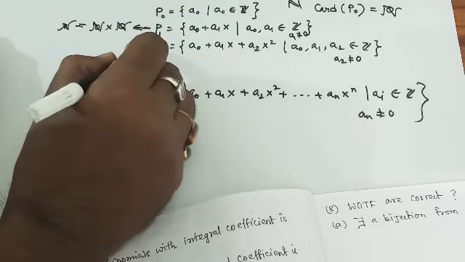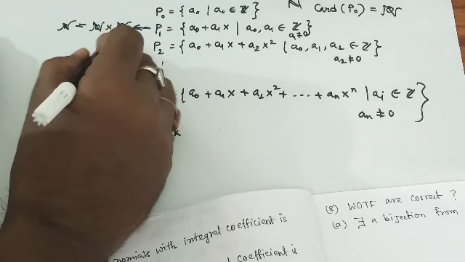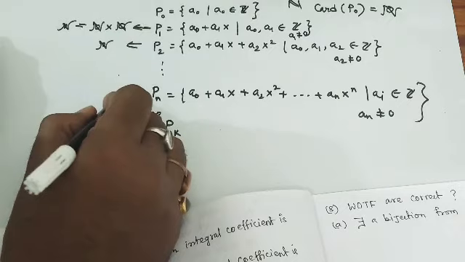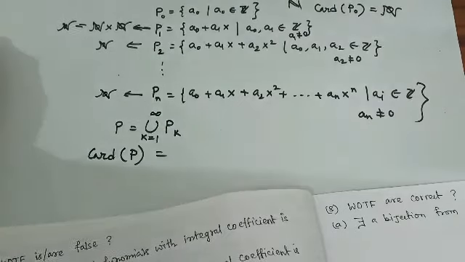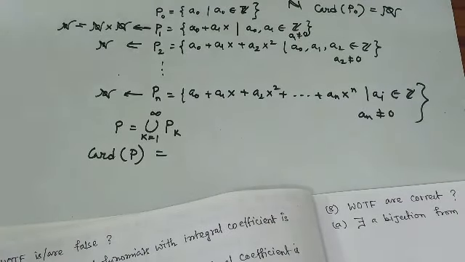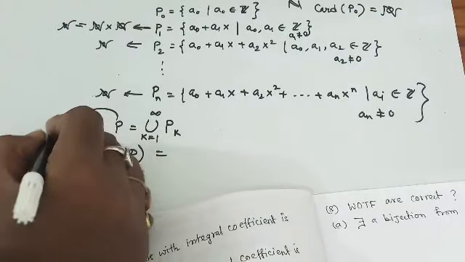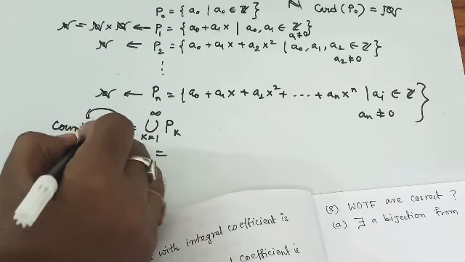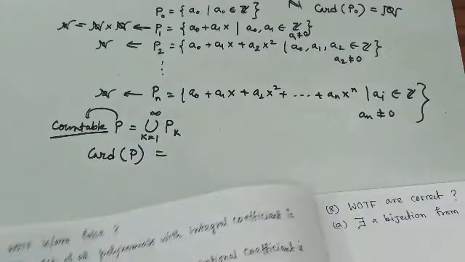Similarly, the cardinality of P2 is going to be aleph naught cubed, that is aleph naught. So all the Pn have cardinality aleph naught, that is, they are countable sets, and you have a countable union. So by our previous logic, the set P is going to be countable, correct.